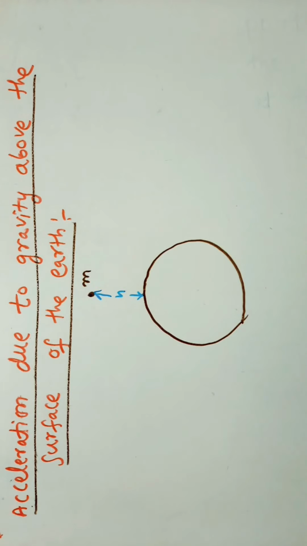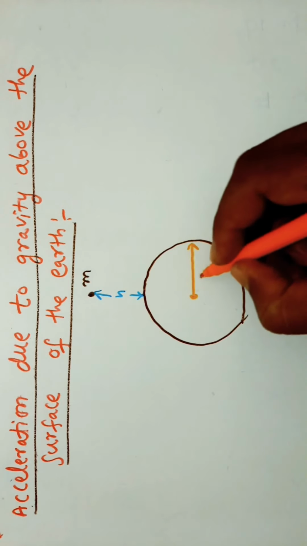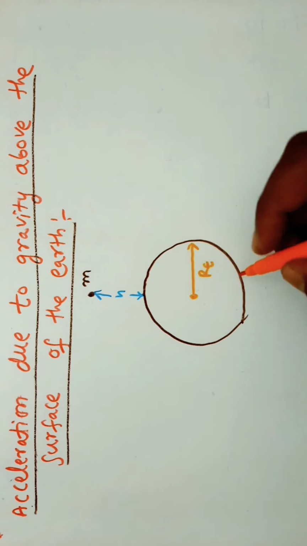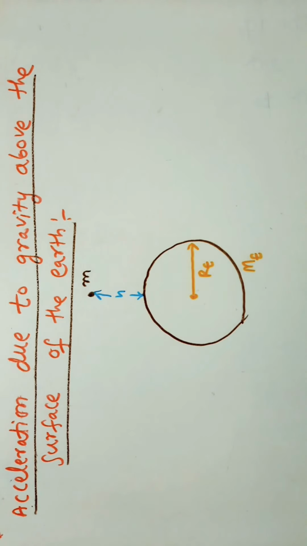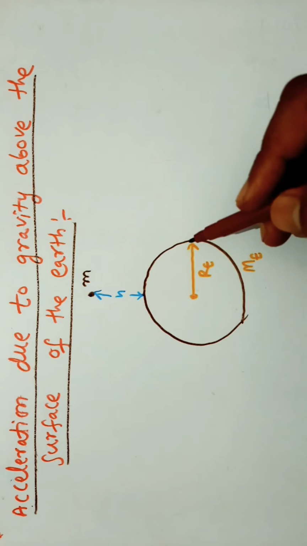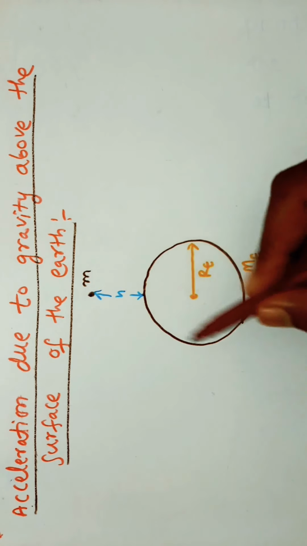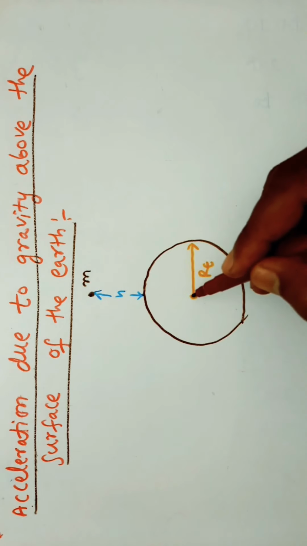Here the radius of the earth is Re. The mass of the earth is Me. Earth is like a sphere. The entire mass of the sphere is concentrated at its center.